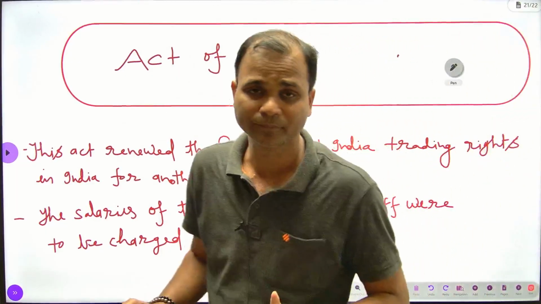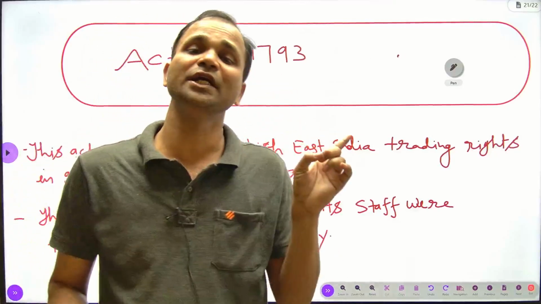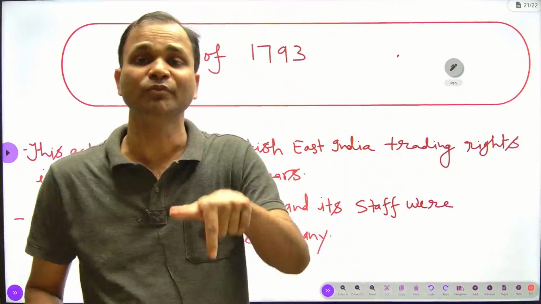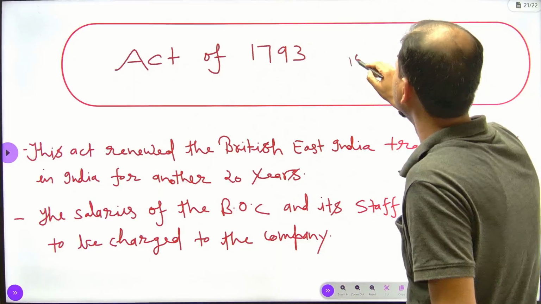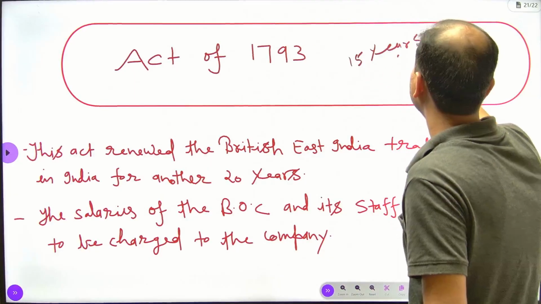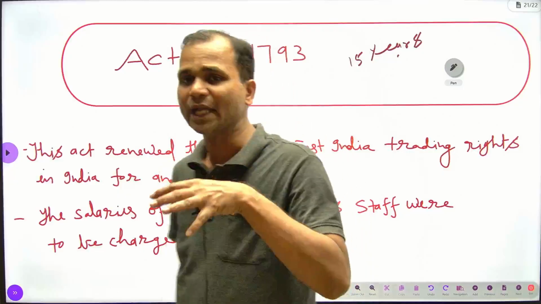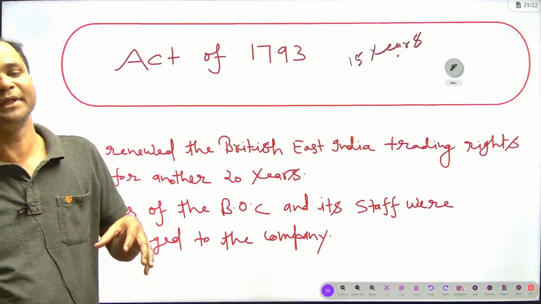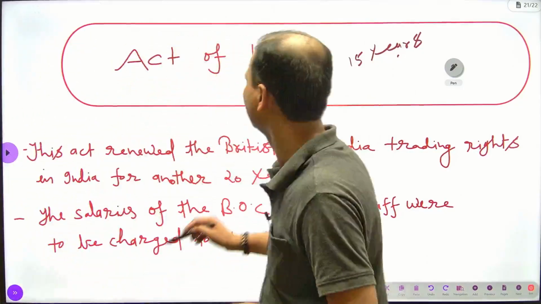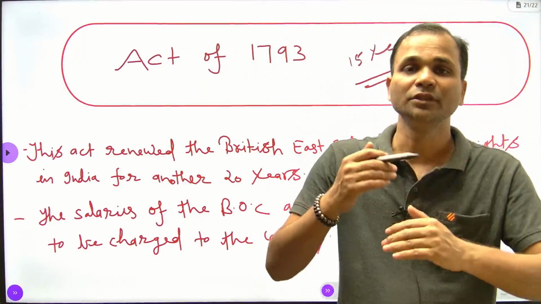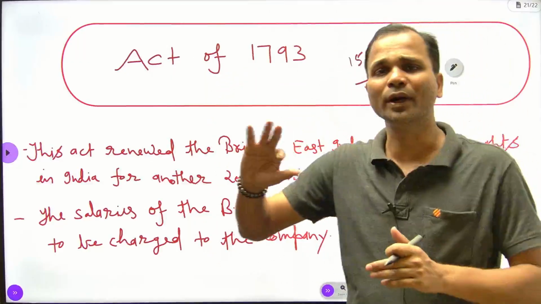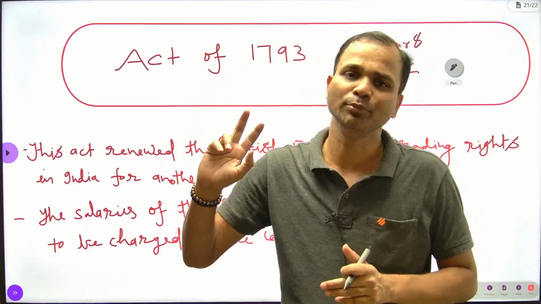You know very well that when the East India Company came to India, it came with a monopoly of 15 years. But this monopoly was being extended from time to time.